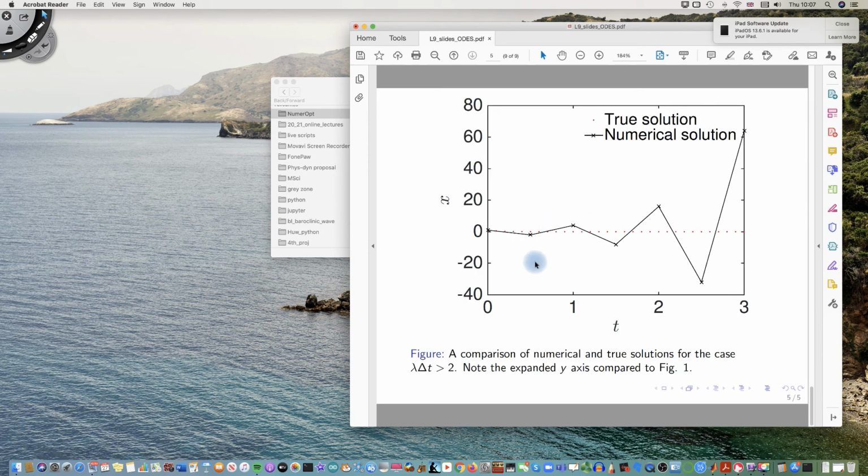But the worst case is when lambda delta t is greater than 2. It oscillates, and I've had to blow up the x scale here to fit the solution in. That's how unstable it's getting. It's starting off oscillating, and it's getting larger and larger until by time 3 its value is 60, where the true solution is very small. So this is analogous to that recursive example we saw where the true solution and the numerical solution went very different.